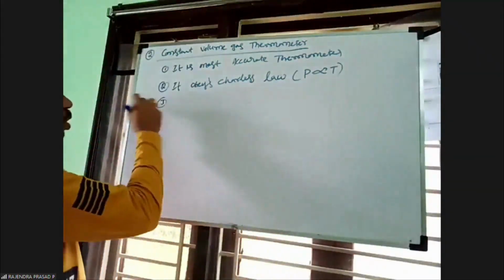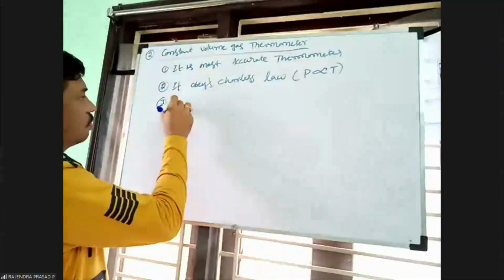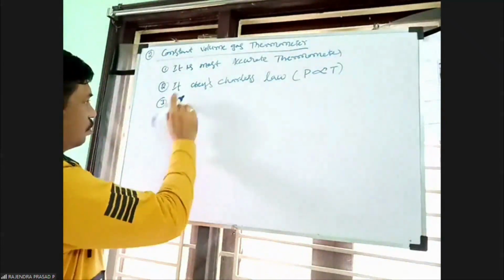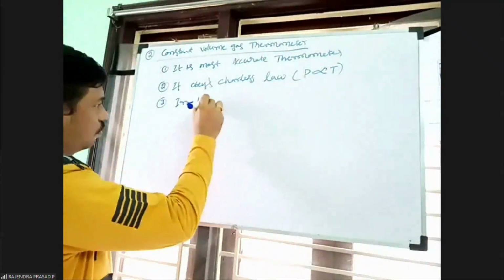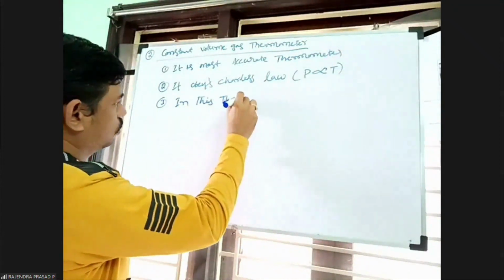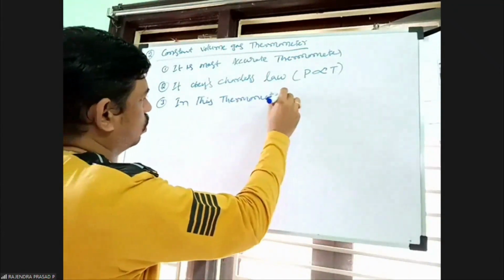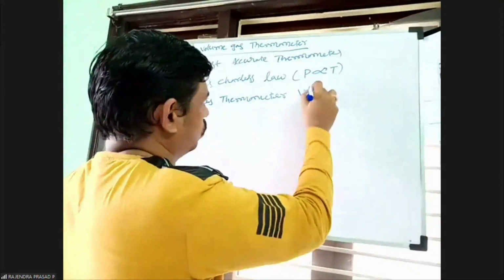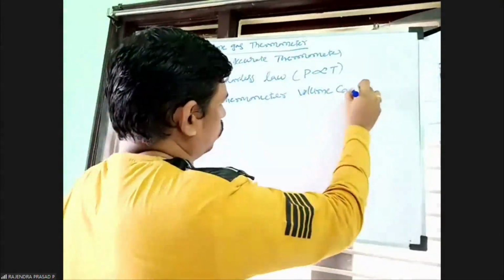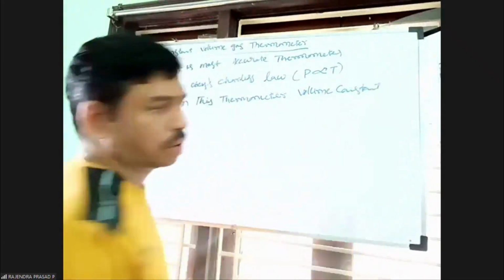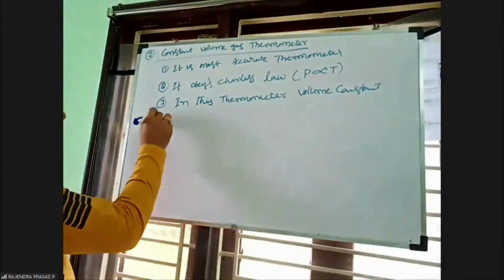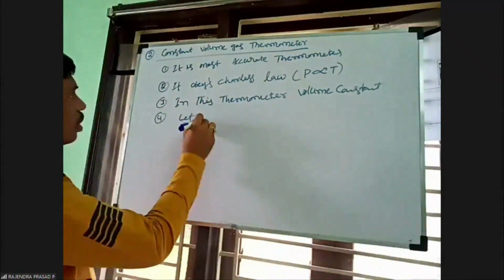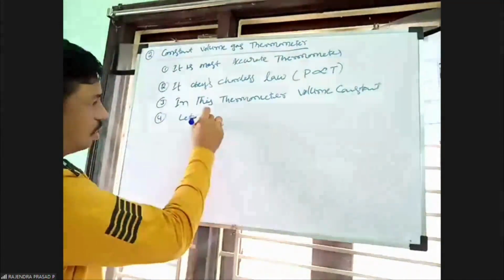So in this thermometer, volume is constant. Volume constant means pressure variable.